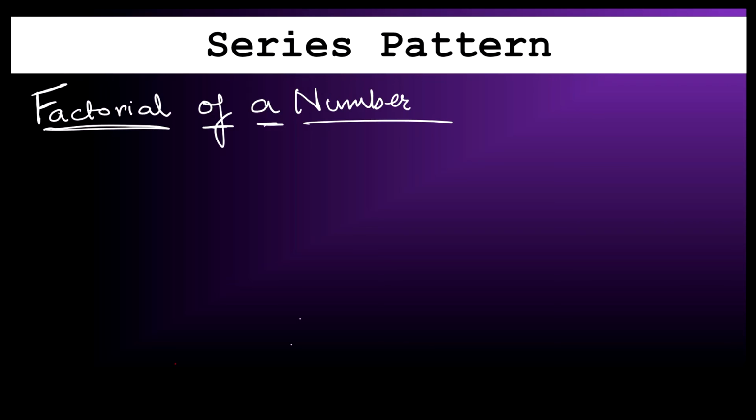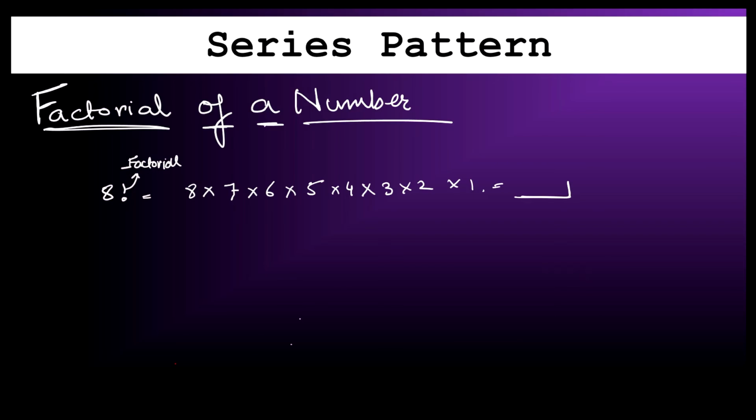Factorial is represented by this term. So if I want to find the factorial of 8, it will be 8 into 7 into 6 into 5 into 4 into 3 into 2 into 1. So the answer will be the factorial of 8.